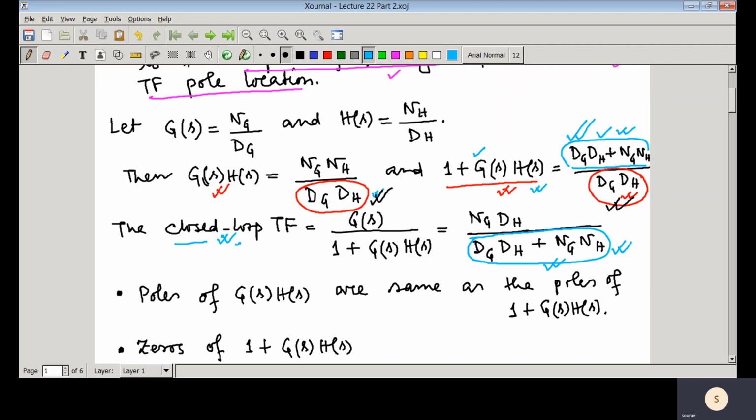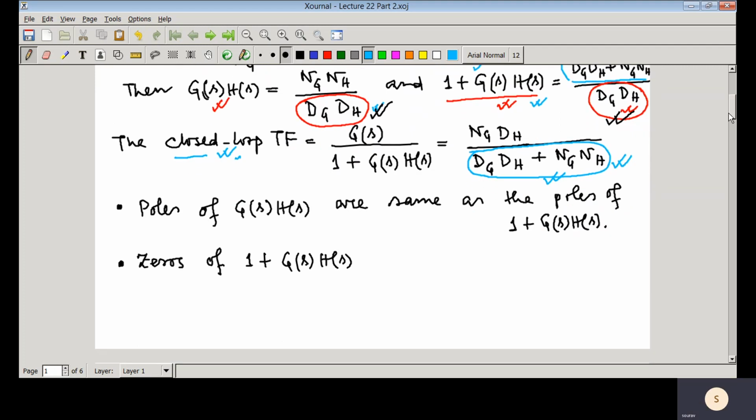So the zeros of 1 plus G(s)H(s) are the same as the poles of the closed loop system.